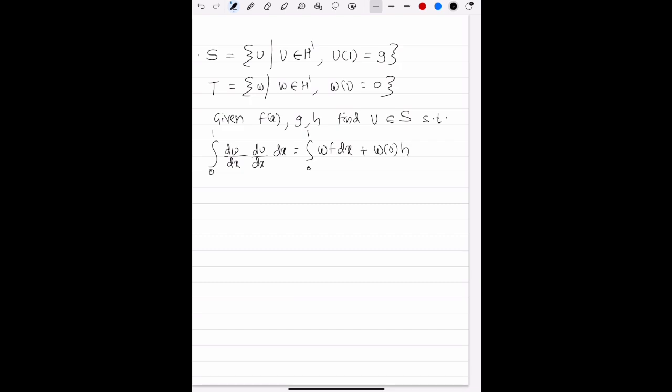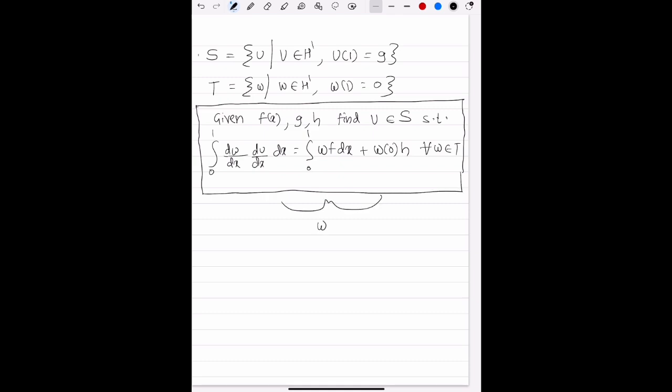And this equation must hold true for all functions w belonging to the test function space T. So this right here is the formal definition of the weak form W of the boundary value problem.